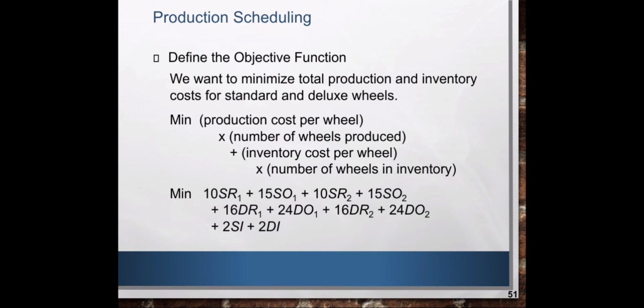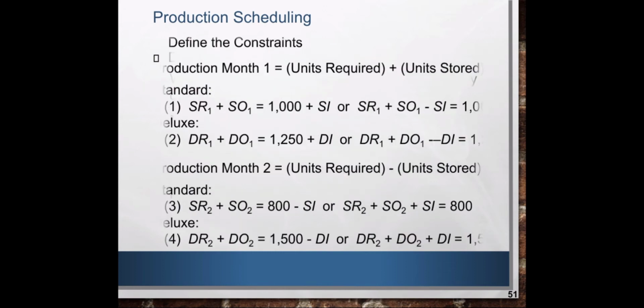So the objective function is given as minimization of production cost per wheel times number of wheels produced plus inventory cost per wheel times number of wheels in inventory. The constraint for production of standard and deluxe wheels in month 1 is production in month 1 equals units required plus units stored.